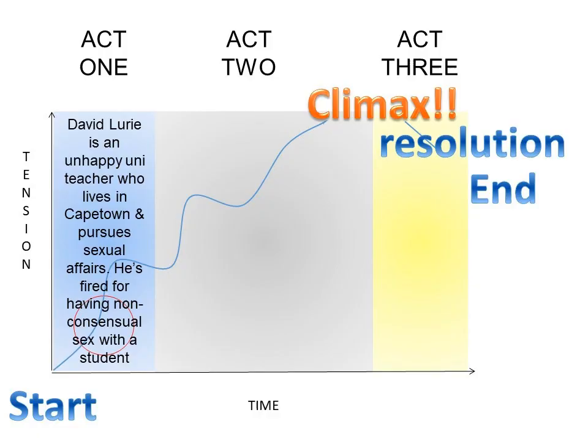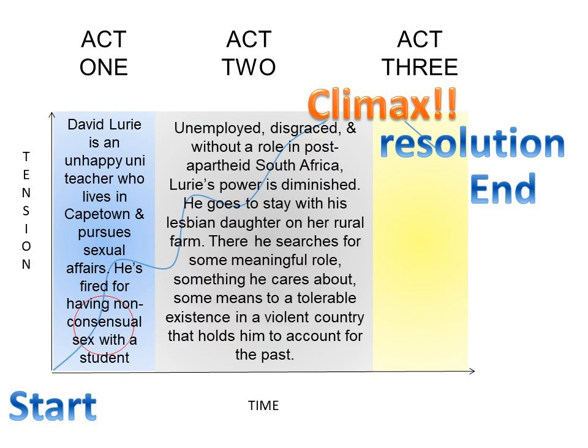Let's start with this. In Act 1, David Lurie is an unhappy uni teacher who lives in Cape Town and pursues sexual affairs. He's fired for having non-consensual sex with a student. In Act 2, unemployed, disgraced, without a role in post-apartheid South Africa, Lurie's power is diminished. He goes to stay with his lesbian daughter on her rural farm.